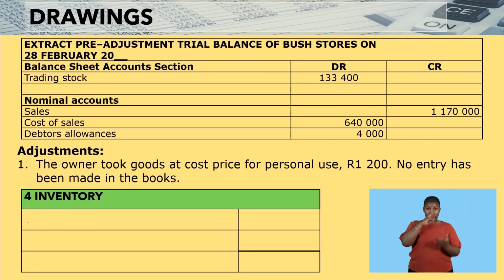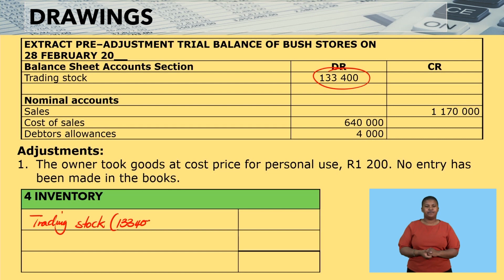So now in our note number 4, we'll say trading stock. We have our trading stock here, and our trading stock is 133,400.